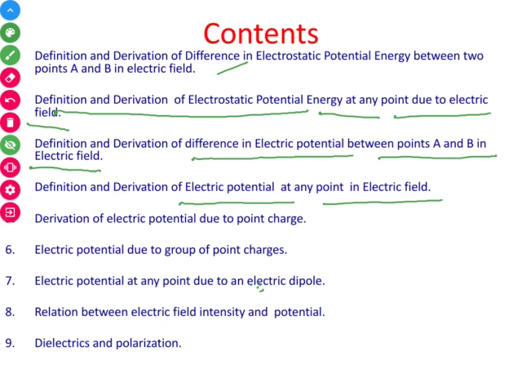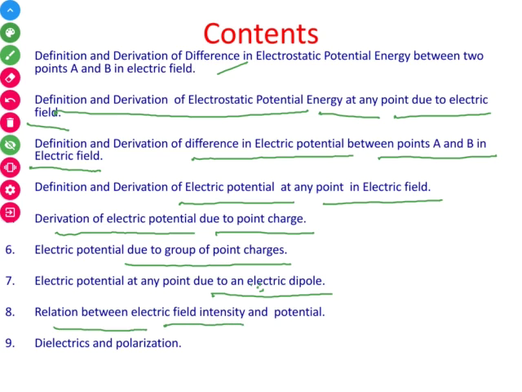Then we will also derive the expression for electric potential due to point charge, then due to group of point charge, then due to electric dipole, and then we will also try to find out the relationship between electric field intensity and potential. And finally, we will see what are the dielectrics and what is the polarization phenomena.